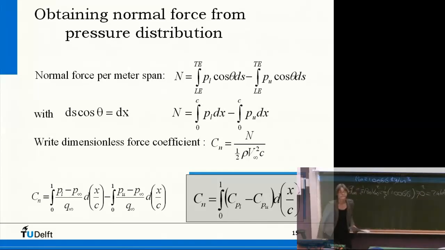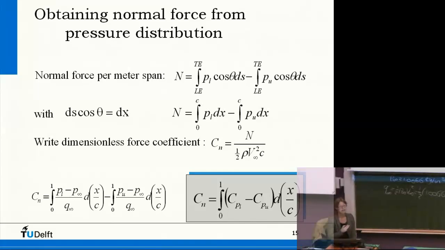Yeah? Then what we typically work with is a dimensionless coefficient, so we divide by a dimensionless force, just as we do with lift and drag. The dimensionless force that is typical is the dynamic pressure force. So that is Q, dynamic pressure, so that's newtons per meter squared, times an area, right?